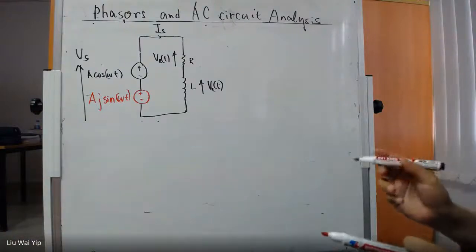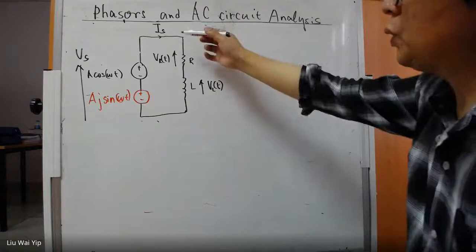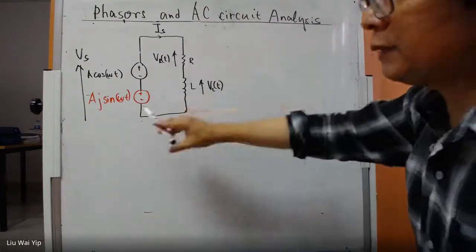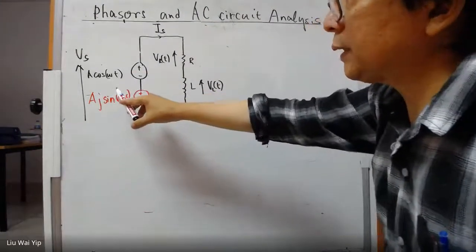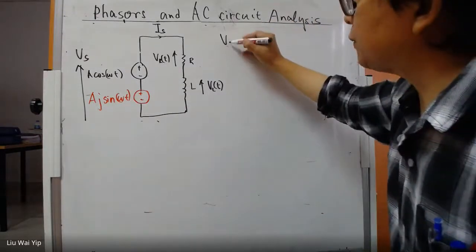And to begin with, the first thing that we need is to absorb the current in certain form. If the voltage here is like this, then we simplify the voltage first.